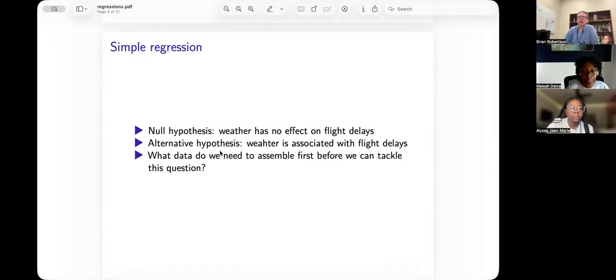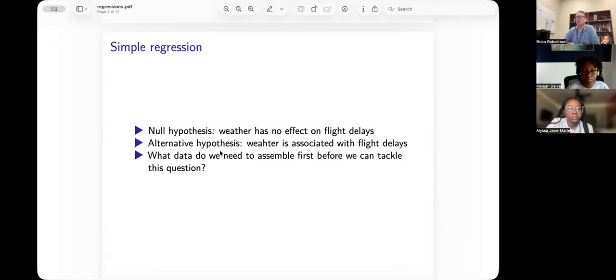And so for our question, our null hypothesis would be that weather has no effect on flight delays, right? And so what we want to explore then is whether weather is associated with flight delays, right? And the reason why we do this is because of what we call falsifiability, right?